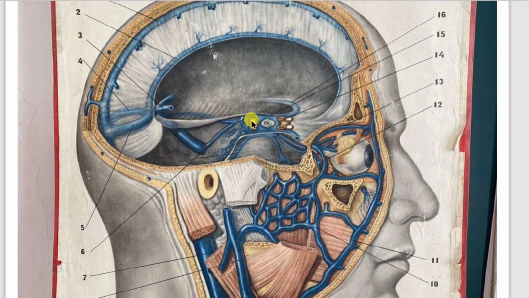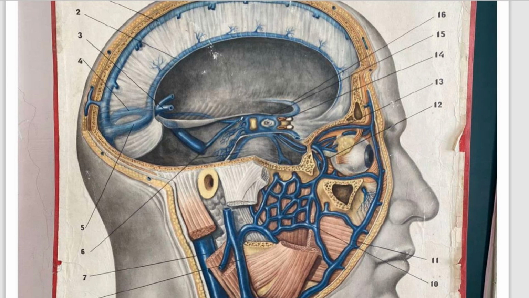It's one of the dural venous sinuses in the human head, creating a cavity called the lateral sellar compartment, which is bordered by the temporal bone of the skull and the sphenoid bone, and it's located lateral to the sella turcica. This one is the sella turcica, and it is located laterally.